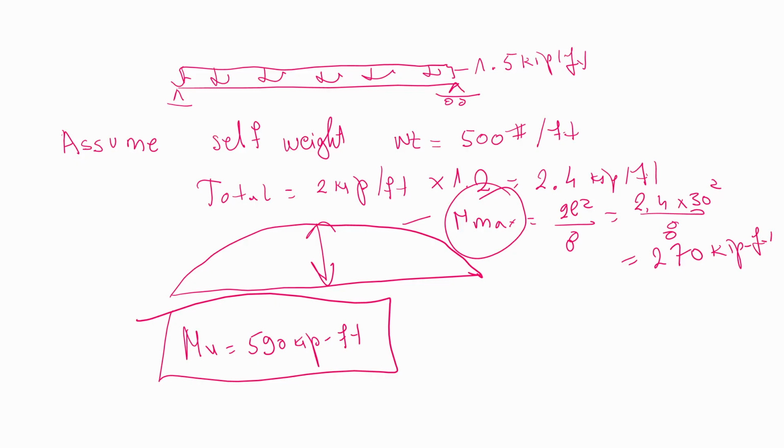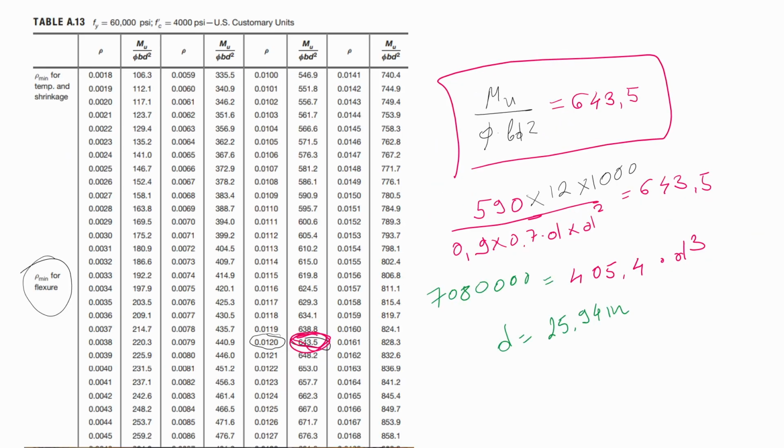So maximum moment due to dead load will be wL square over 8, which is 270 kip feet. So the total moment due to external loads is 590 kip feet. We are adding the live load, which is 320, and the dead load, which is 270.